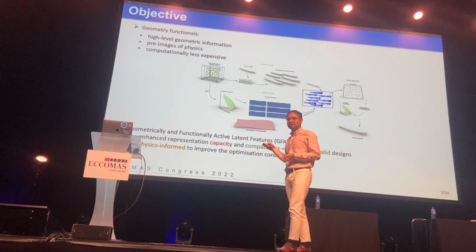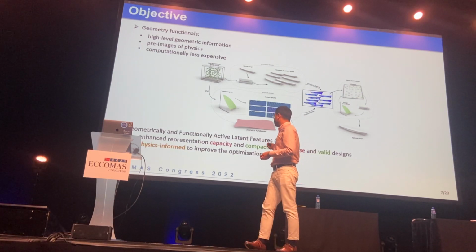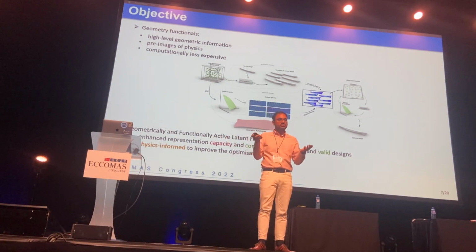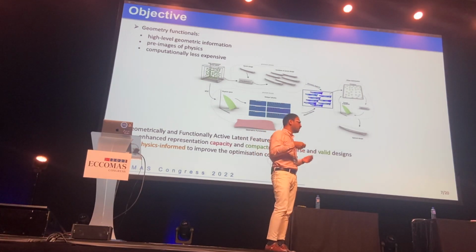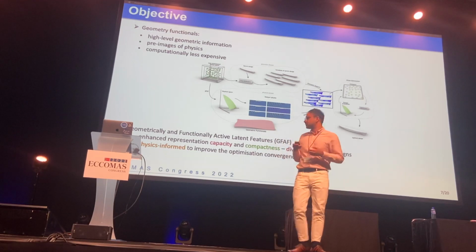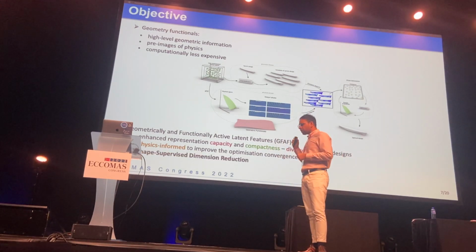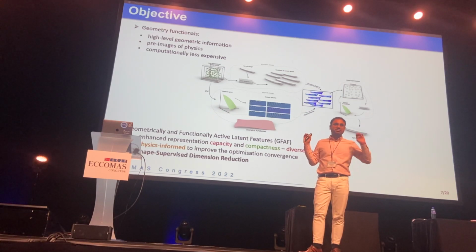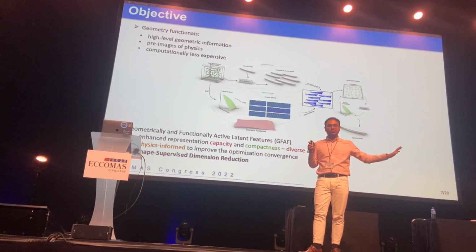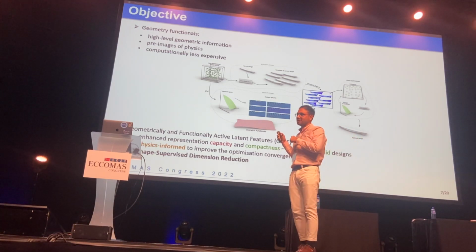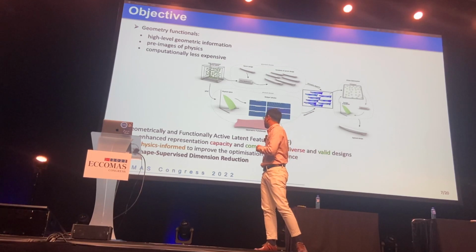So the resulting subspace is physics informed and has high representation capacity, meaning it will generate mostly feasible designs, and the designs will be diverse, so we can have a better optimal design at the end. We call this a shape-supervised approach, because it's not directly supervised; we're not directly using the physics. We're extracting some information from the geometry and integrating it, and that's why we call it shape-supervised.